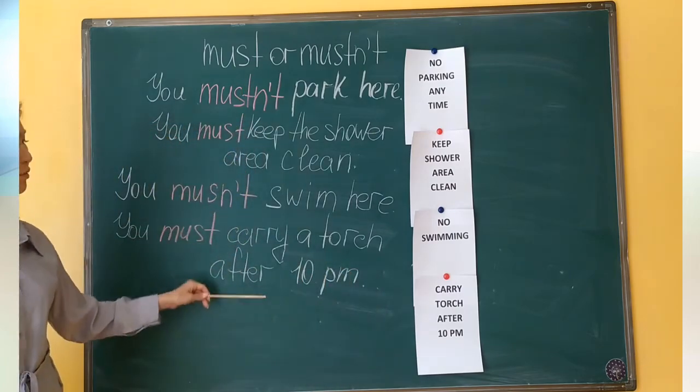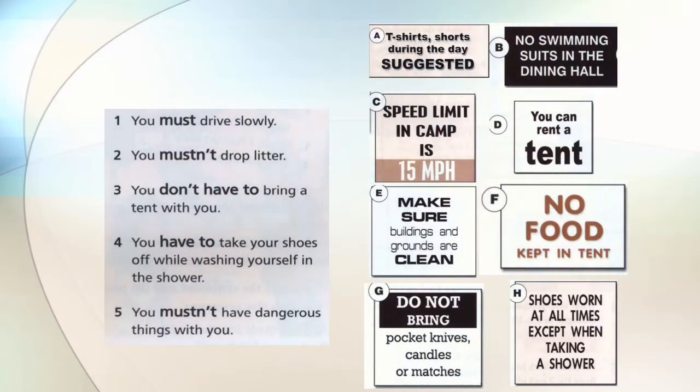So, that's all. Let's do the following exercise. You can see the notices on the right side and some sentences on the left side. Let's match the notices to the sentences. First of all, let's look through the notices from A till H. T-shirts, shirts during the day suggested.